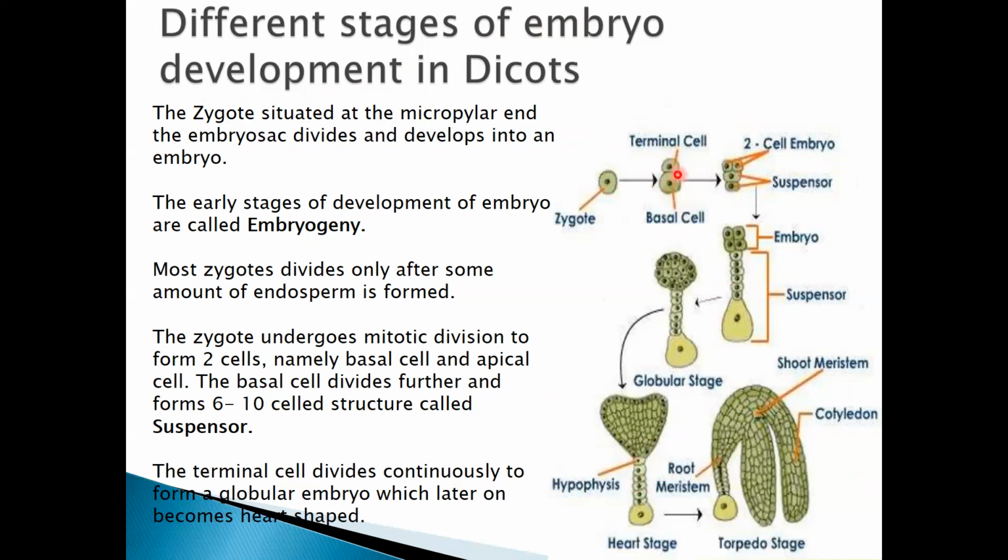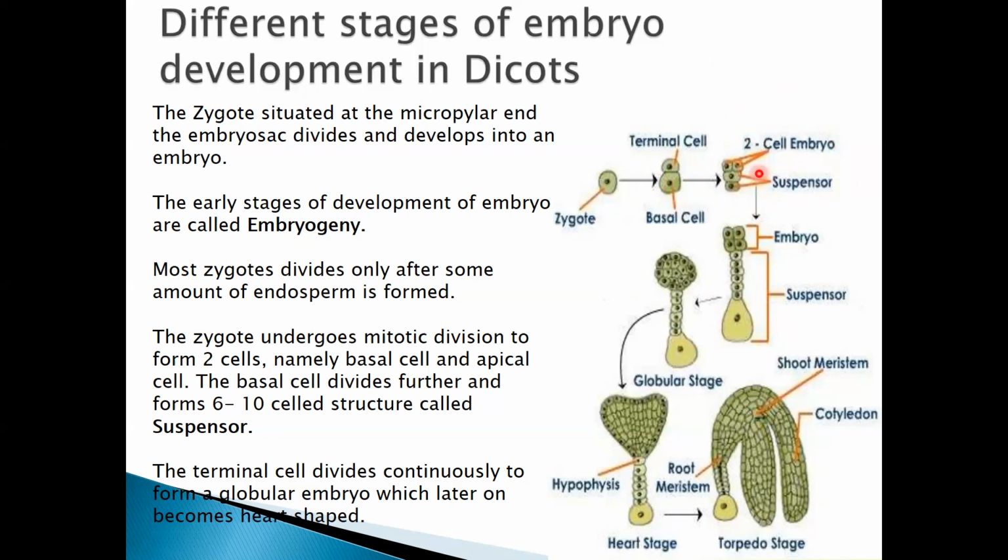Later, the basal cell divides further, forming a 6 to 10 cell structure known as the suspensor. Can you see here? The basal cell will divide into the suspensor cells. Clear?